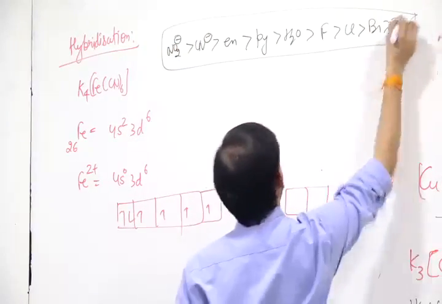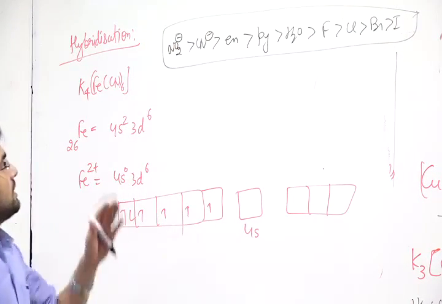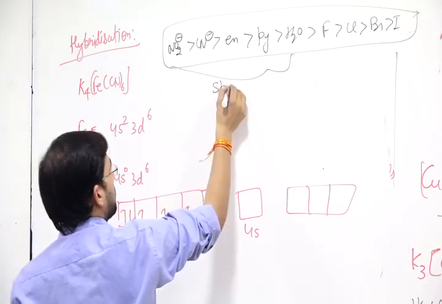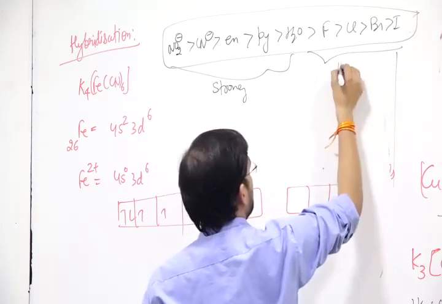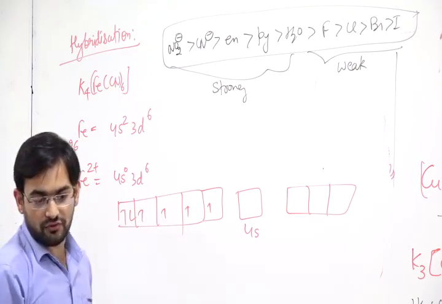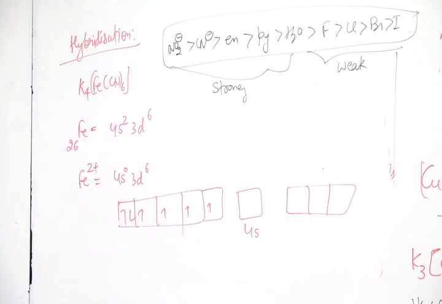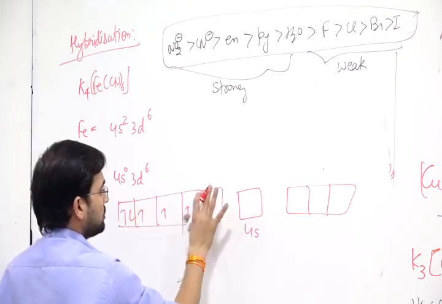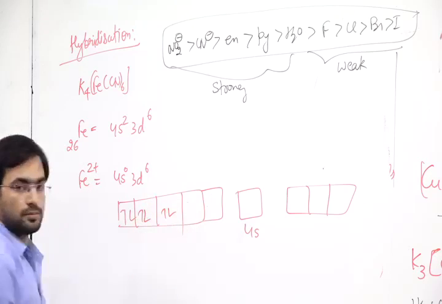This is the priority order. From here to there is strong, from here to there weak. If you have a strong field ligand, then pairing will take place. So these 4 electrons will move here.